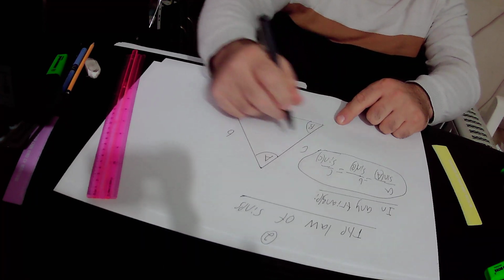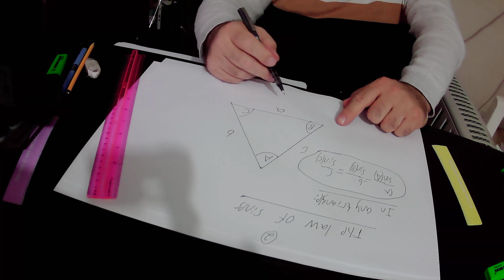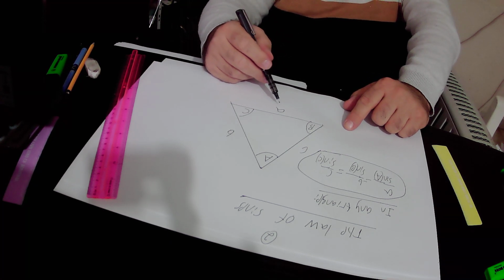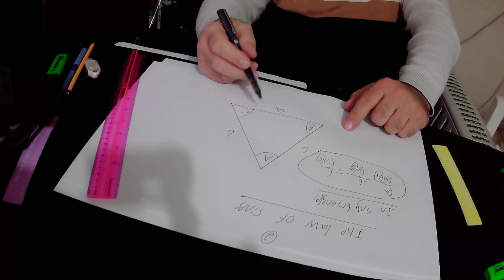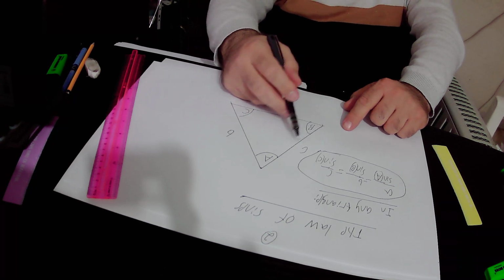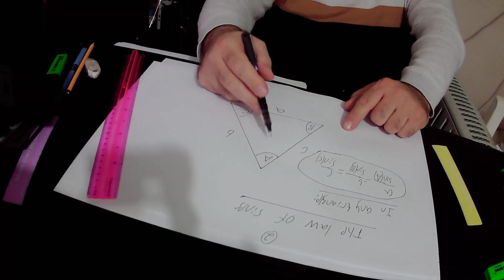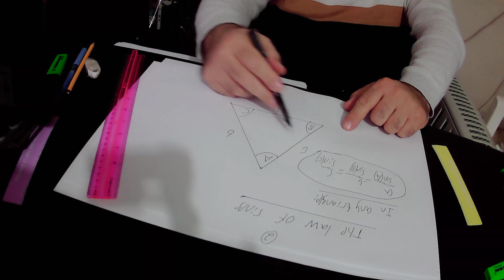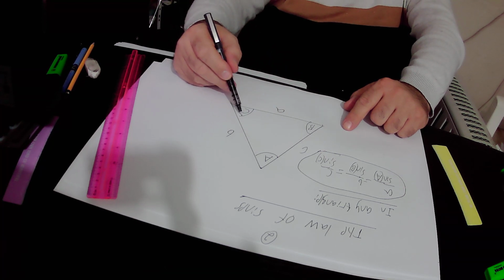I'll repeat again. In any triangle, if the length of this side is a, the length of this side is b, and the length of this side is c, then a over sine A equals b over sine B equals c over sine C.